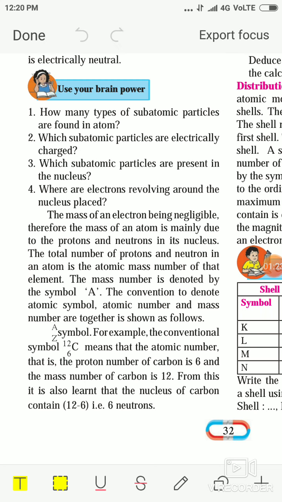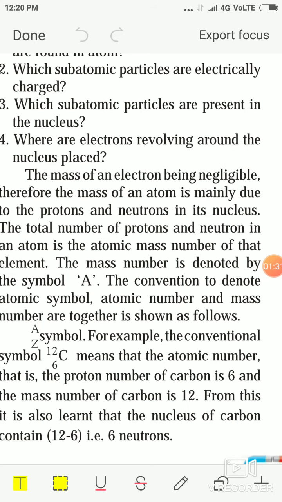The convention to denote the atomic symbol, atomic number and atomic mass number together is shown in the book. So let's see. Wherever the symbol is given, at the base of the symbol the atomic number is given, and at the top of the symbol the atomic mass number is given.